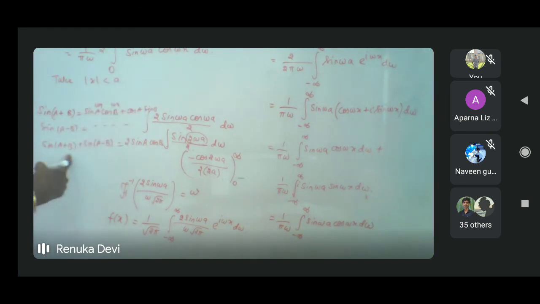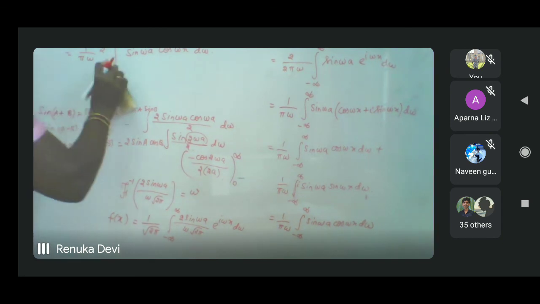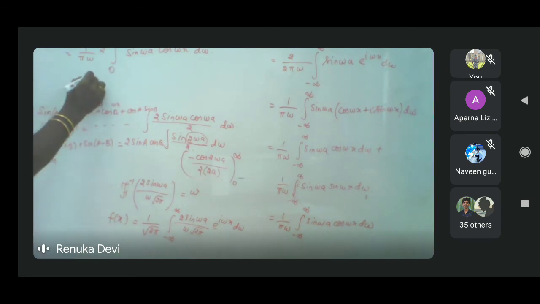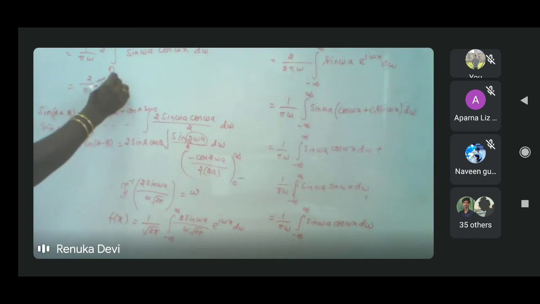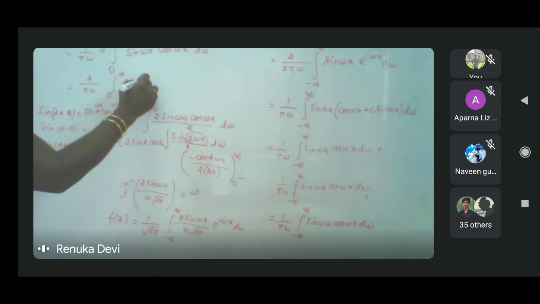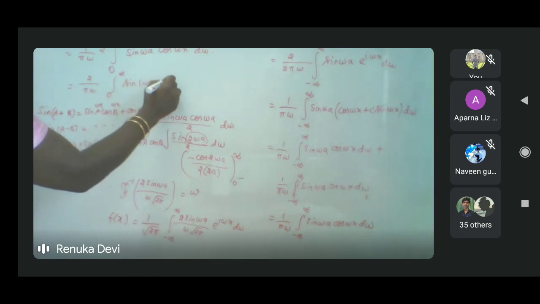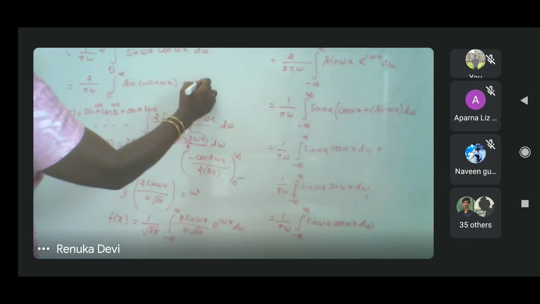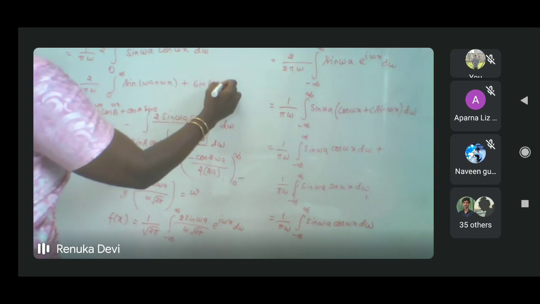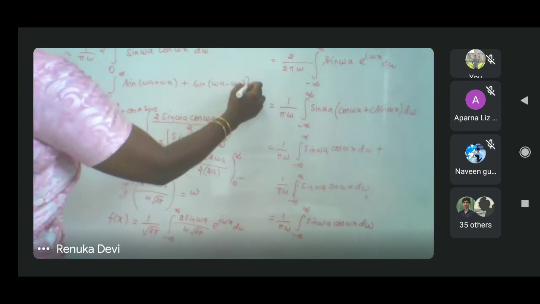Therefore, this integral cannot be written as it is, so I write this as 0 to infinity of sin of WA plus WX plus sin of WA minus WX into dW.